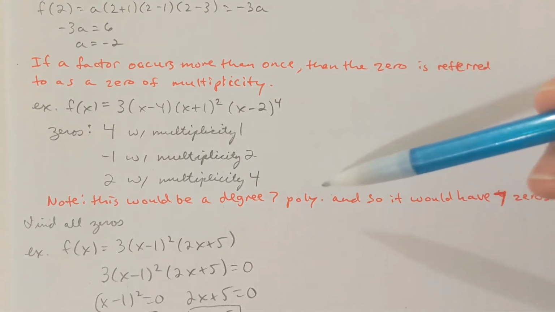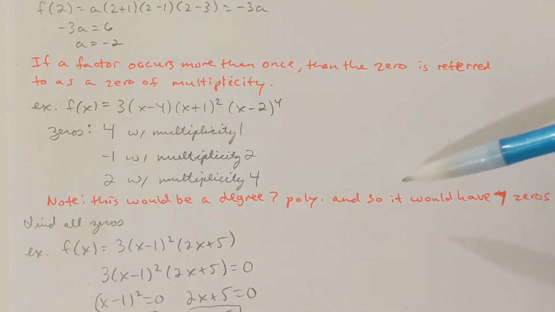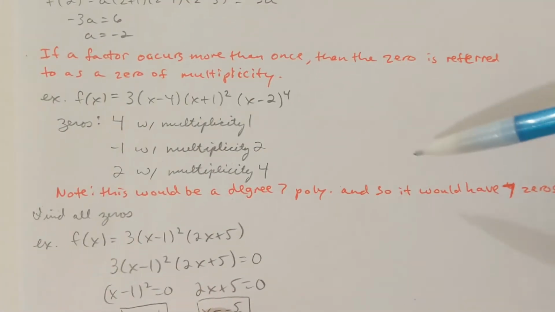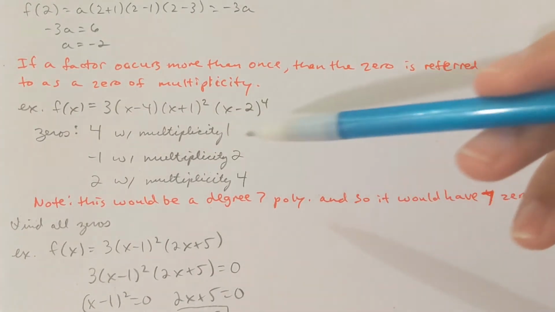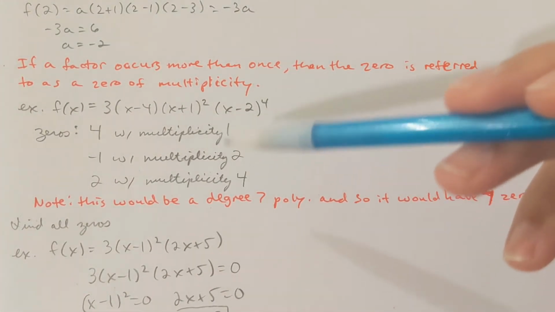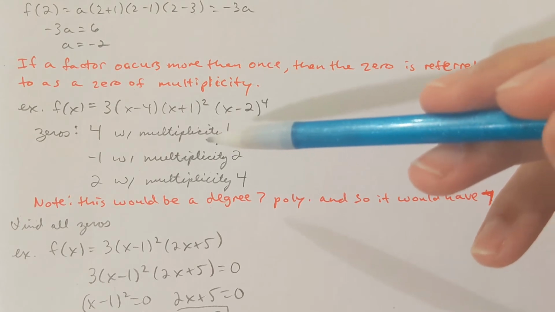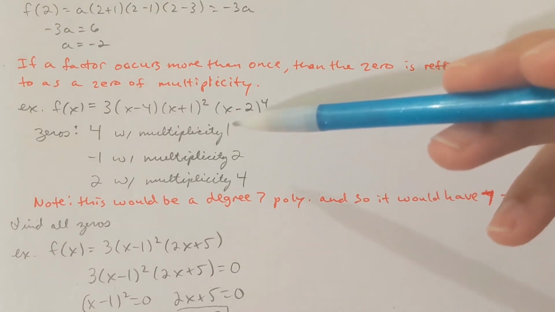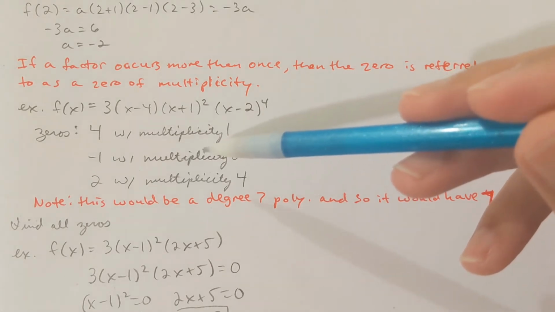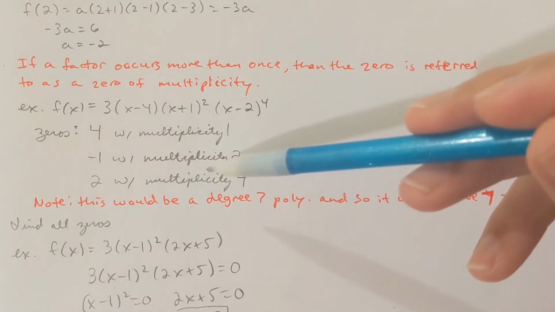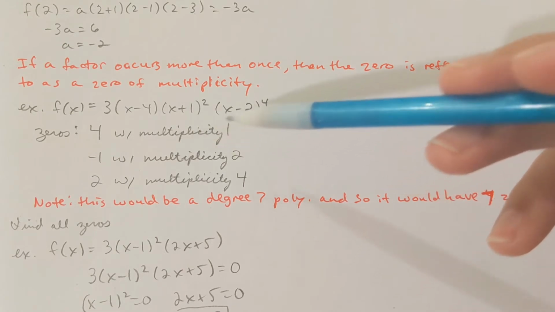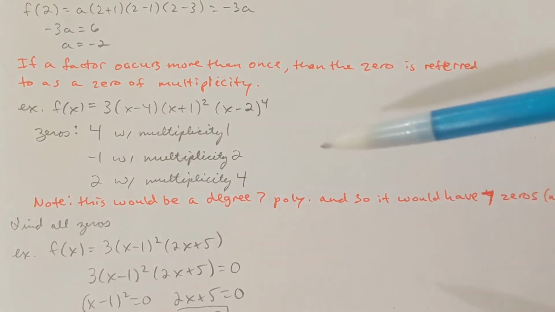Well, that would give me a degree 7 polynomial, and so ultimately I would have 7 zeros, not 3, although 3 would repeat. Okay, I'd still have these same 3 zeros, it'd just be where I'd repeat. Okay, so -1 is going to repeat twice, 2 is going to repeat 4 times, and 4 is going to repeat once.